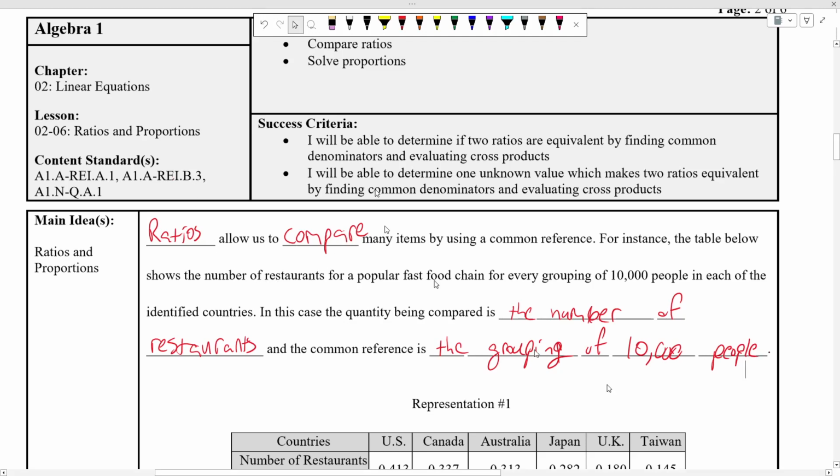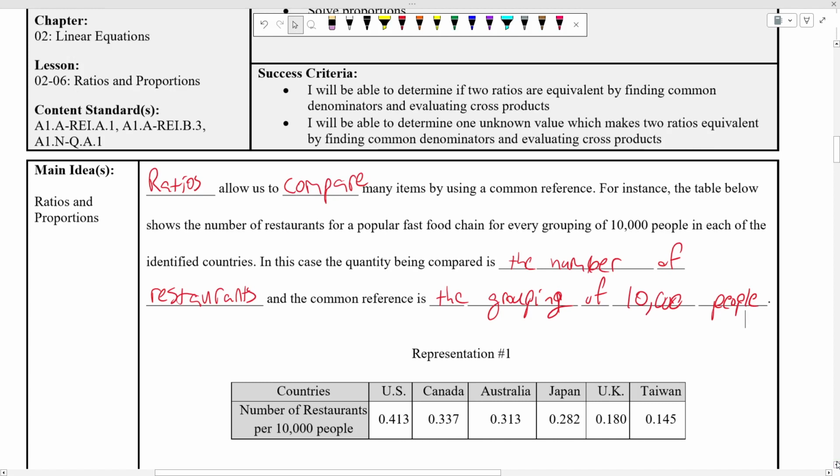Let's look at this a little bit further to understand what's going on here. Let's look at my table here that I've put together. Okay, so here's the table. Once again, you've got a list of countries: US, Canada, Australia, Japan, United Kingdom, and Taiwan. And they all have the number of restaurants. So that's what these decimal values are: the number of restaurants for each grouping of 10,000 people within the country.